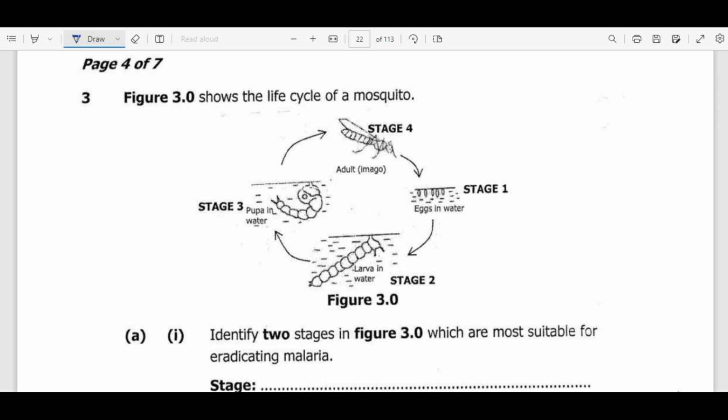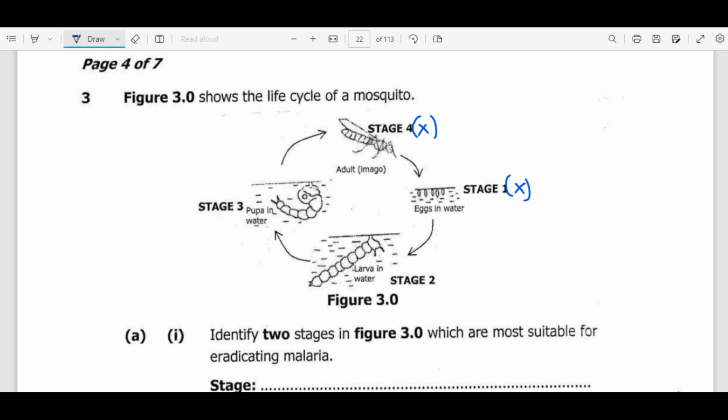So at which stage? When you look at the stages here, this stage is not good. This stage is a no stage. And then also this stage is a no, because at this time the eggs are in water and they are feeding from inside. Here you'd find that the larva is in water.